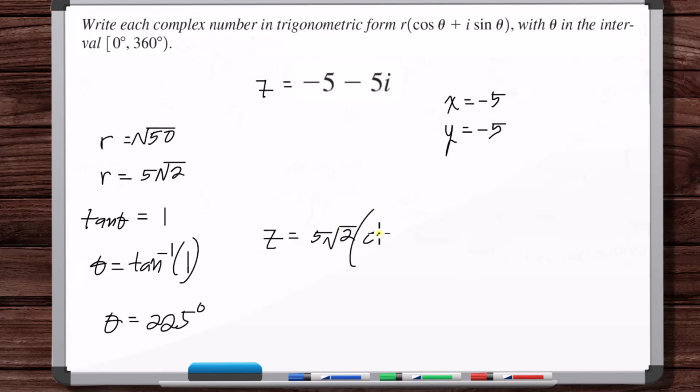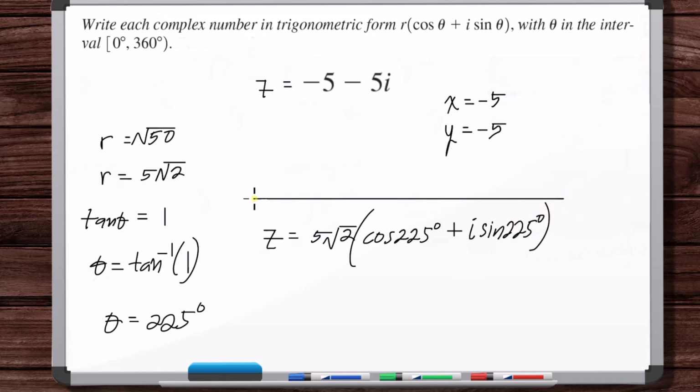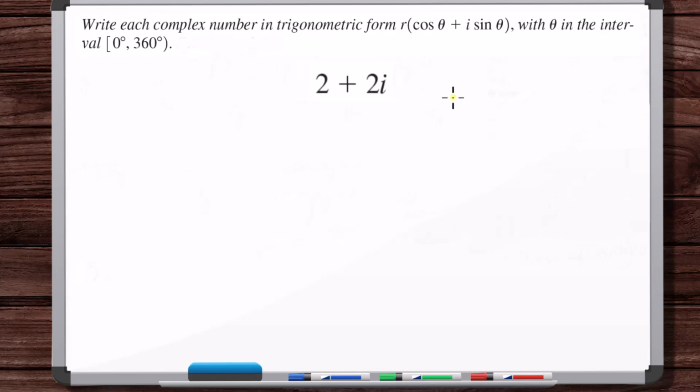So there's r and theta, so we've got 5 root 2 cosine of 225 plus i sine 225. Okay, so we see x is equal to 2, y is equal to 2, so r is going to be the principal root of 8, so that's 4 times 2, so 2 root 2.